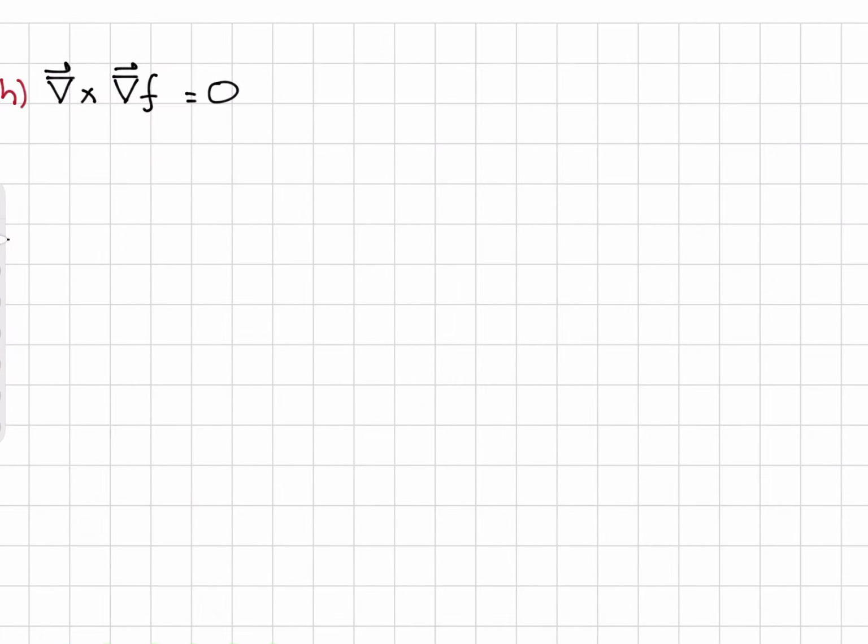Okay, so how do I write curl using subscript summation notation? Epsilon ijk ei hat del xj, and then I have the k component of gradient of f.